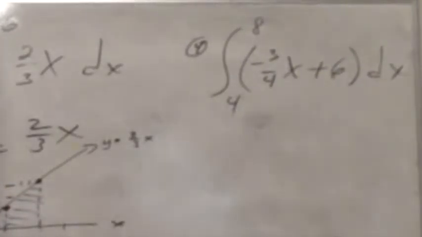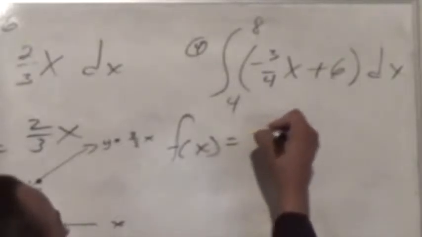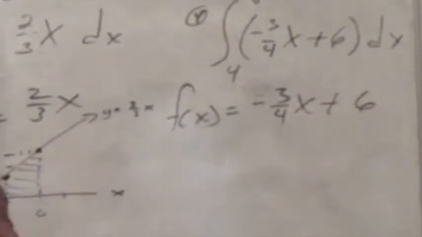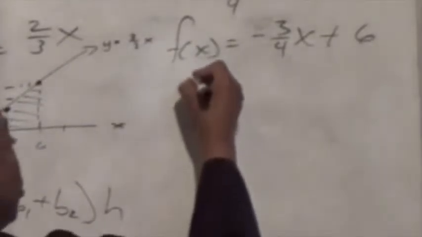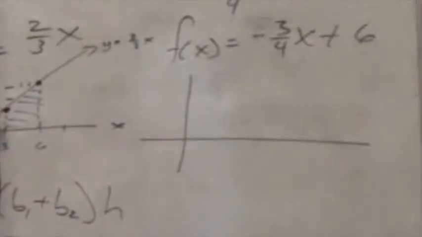Okay, number 4. We're looking for the area between 4 and 8 of the function negative 3/4 x plus 6. So I'm going to graph my function. My y-intercept is (0, 6).